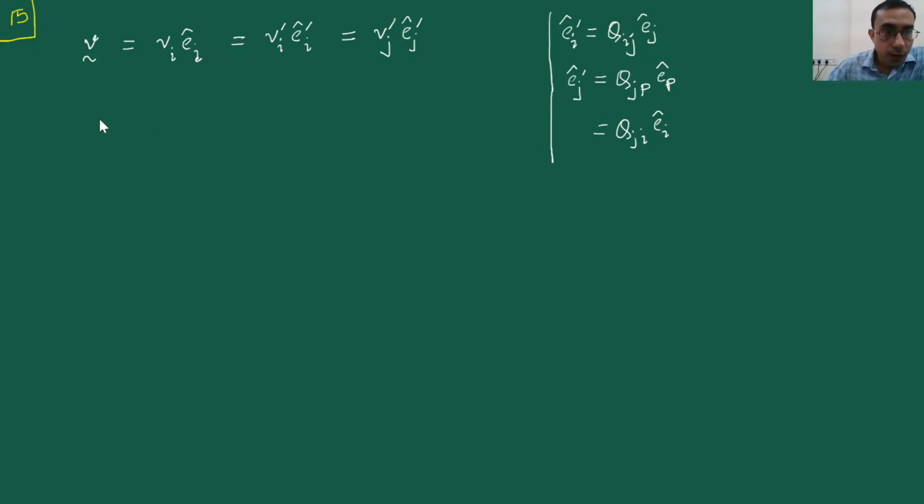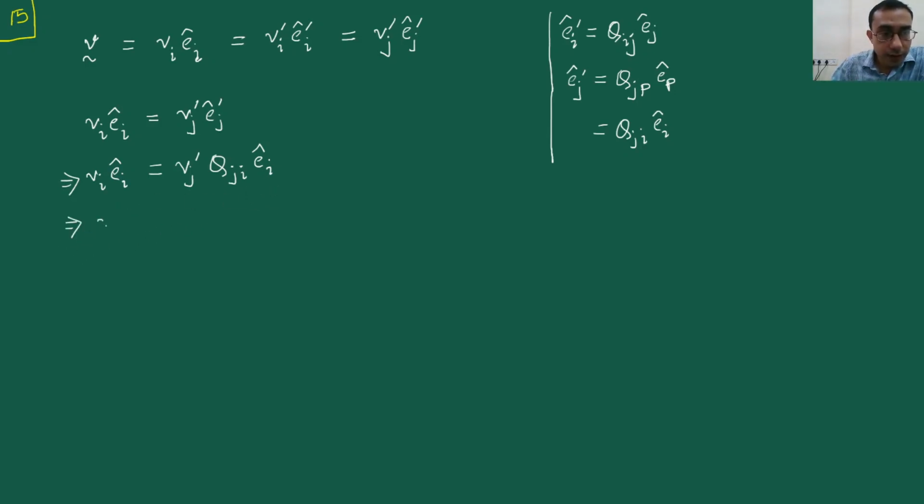So what is that? So let's consider the fact that vi ei hat is equal to vj dash ej hat dash. Now this ej hat dash, I will use this particular expression. The vj dash remains as it is, and for the ej hat dash I will write it as qji ei hat. Okay, now you see on the left hand side I have an ei hat, on the right hand side I have an ei hat.